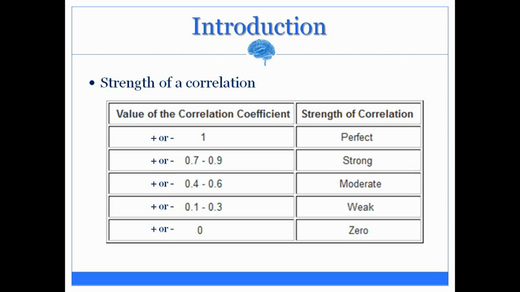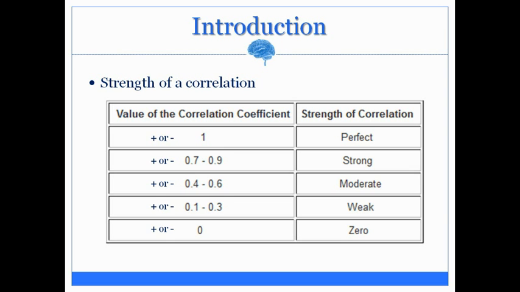Everyone agrees that a perfect correlation is either a perfect +1 or a perfect -1, meaning that if one variable increases, the other variable will decrease in the same exact manner. So if you know the first variable, you are guaranteed to know the level of the second variable. That's also called a one-to-one correlation, a perfect correlation.